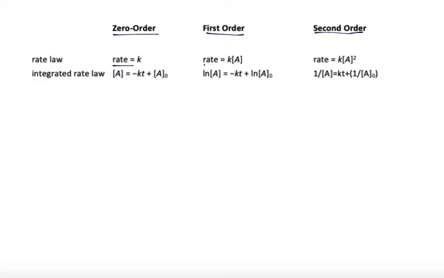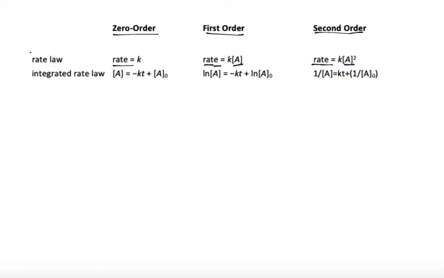First order being that rate and concentration of reactants are directly proportional. And second and higher order meaning that small changes in concentration of your reactants have big impacts on the rate, whether that's squared or cubed or so on.